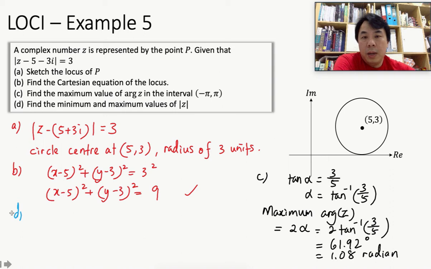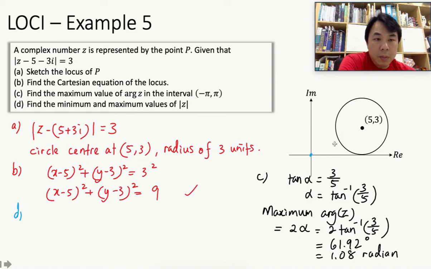So what do they mean by minimum and maximum value for z? Basically that means the distance measured from the origin itself. So what is the shortest distance measured from the origin to the path, the circle, the path of the circle here?